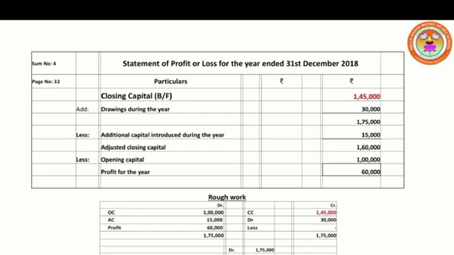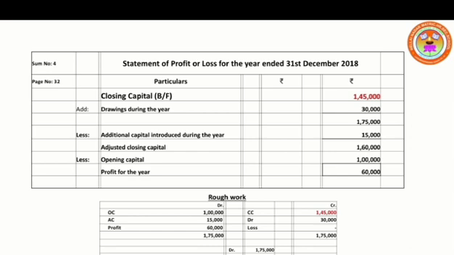Now segregate the items which are available in the question. OC, that means opening capital, is 1 lakh. AC, additional capital 15,000. In this question, profit is given, 60,000. If profit is given, definitely loss will not be there. So move on to the credit side. CC, that means closing capital, is the missing figure. Leave this column empty. Then DR, drawings 30,000.